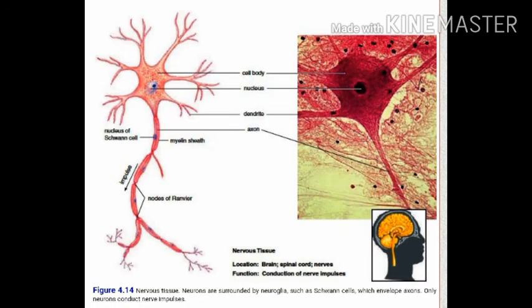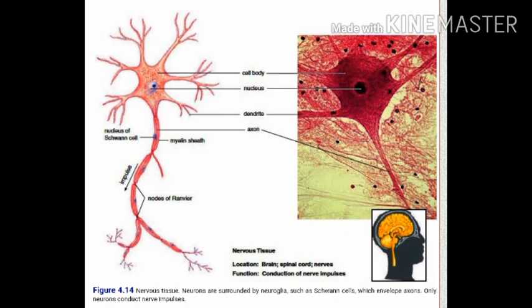The main body of the neuron is called the cyton or cell body. It contains a nucleus in the center. It has certain specialized granules called Nissl's granules. From the cell body we find small branches that arise. These are the dendrites.